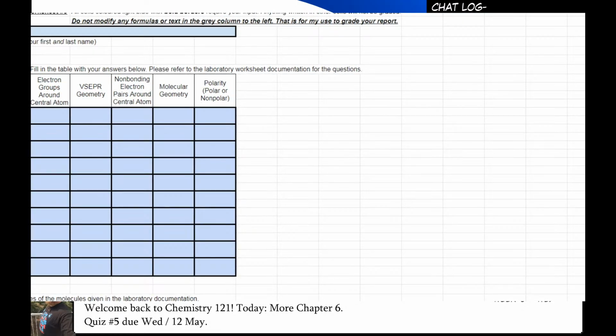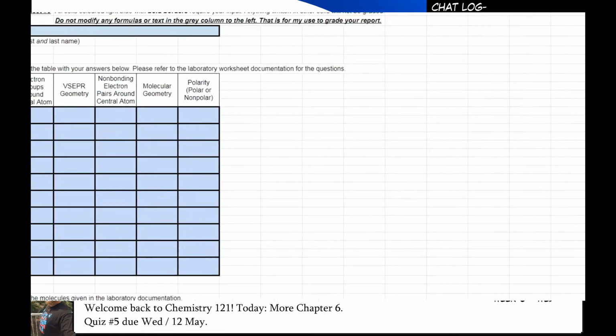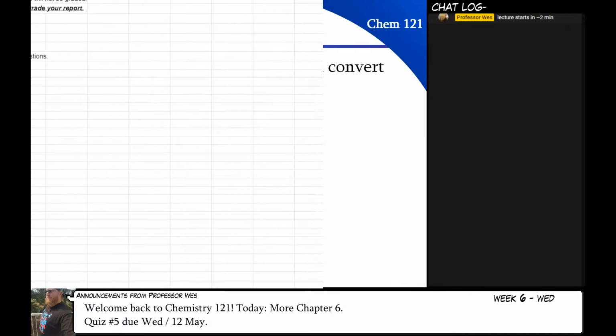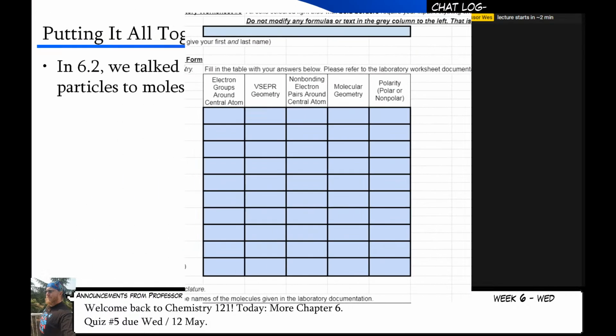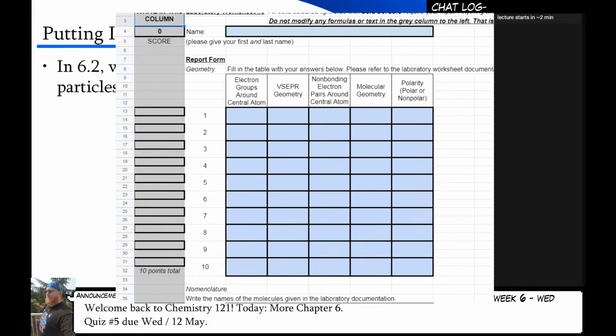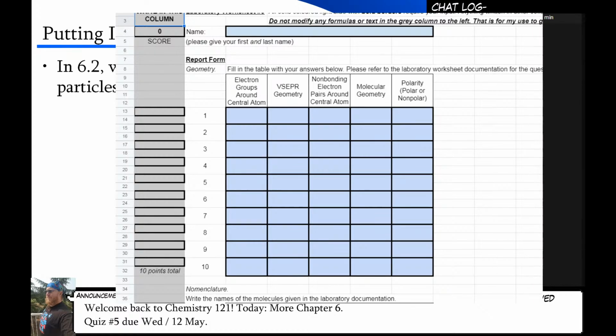So you're going to have a field that looks like this. Wow, I cannot crop today. Hold on. This is what your worksheet looks like. And you're just going to fill this in for all 10 of them. You do not need to upload a structure. Just draw that on your paper, and then fill in all the answers, and you're good to go.